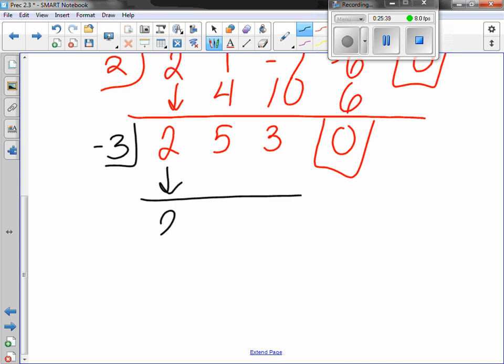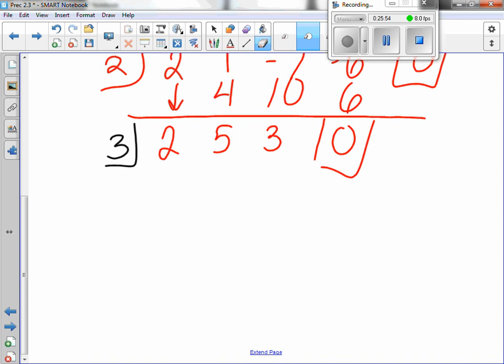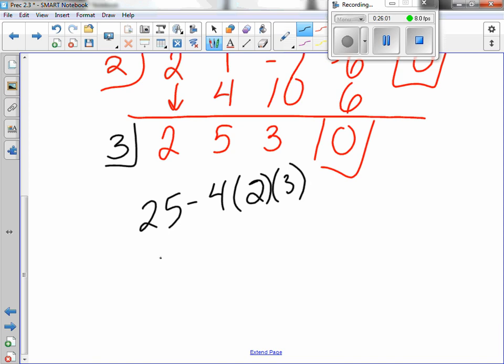I'm just trying one out of the blue. Negative 3 times 2 is? So it doesn't work. Yep. I have a feeling this doesn't have any other factors. It's b squared minus 4ac.